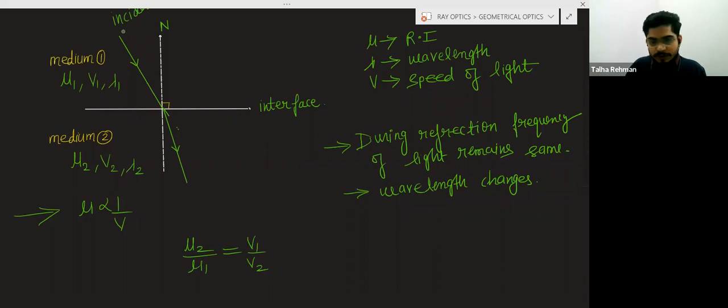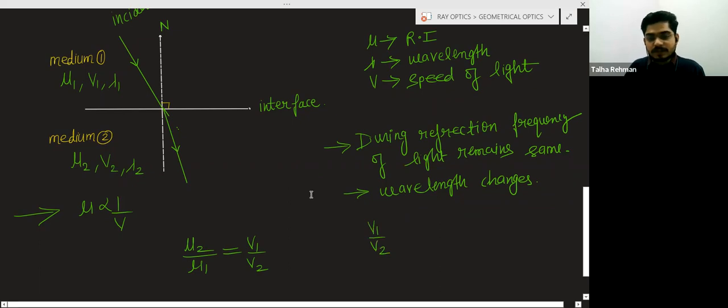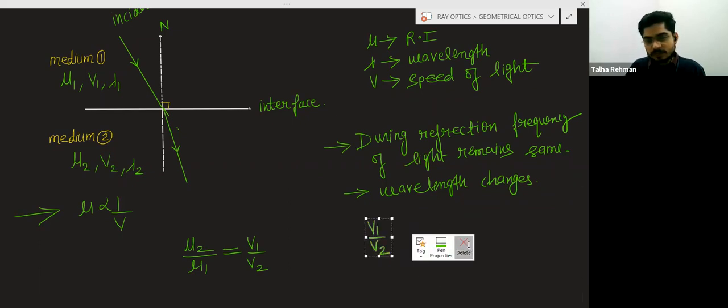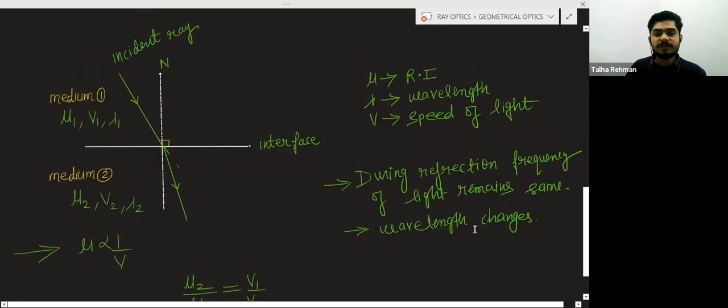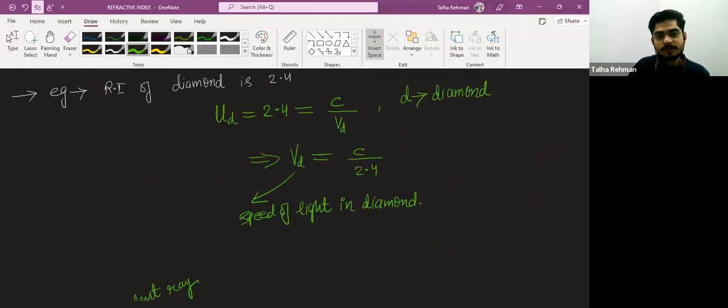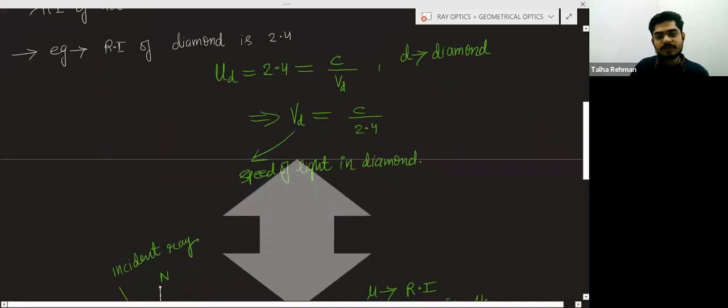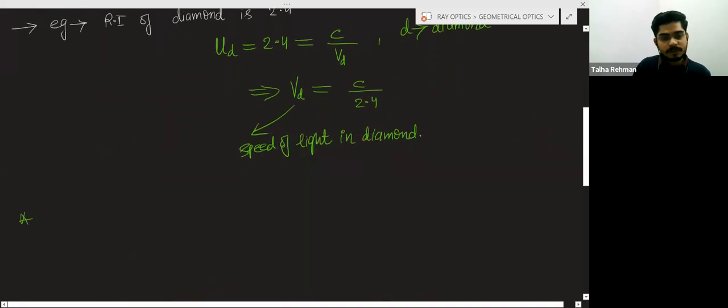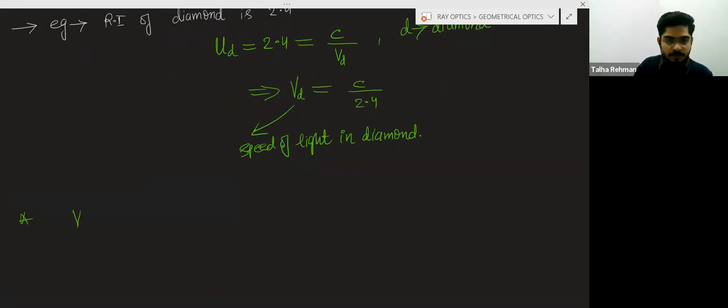So for this ratio v1 by v2, there is a relation that you should know. Light is also a wave, so there is a relation between the speed of a wave, the frequency and the wavelength. The speed of the wave is equal to frequency times wavelength. What is v?